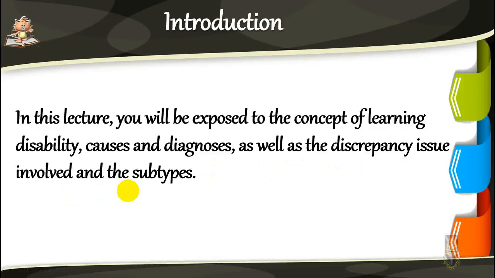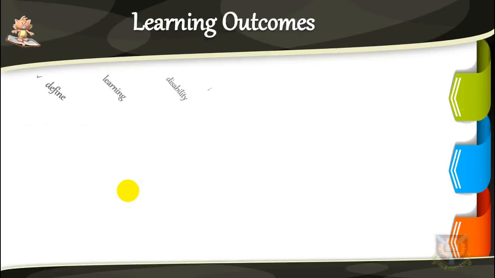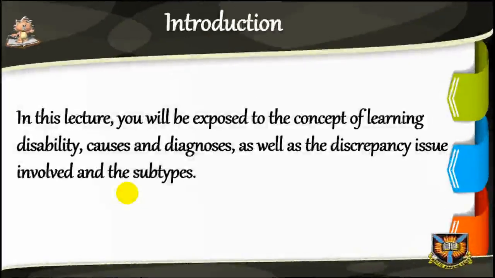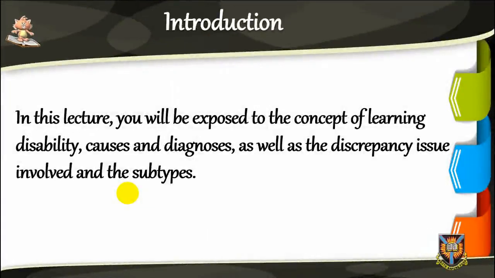The following definition of learning disability is used for legislative, financial, and educational purposes only. The term learning disability means a disorder in one or more of the basic processes involved in understanding spoken or written language.